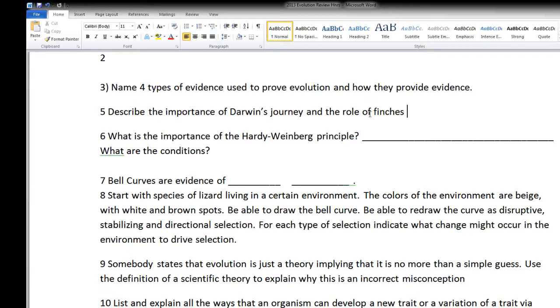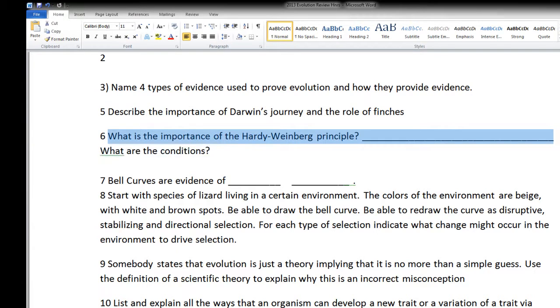Some of them had traits that blended in with the environment, whether it was color or the size of beak that maybe helped them get food particular to their environment. So he was able to look at the traits that matched the environment and come up with his idea of natural selection, that the ones with the best traits happen to survive better. That's why you see a link between environments and traits.